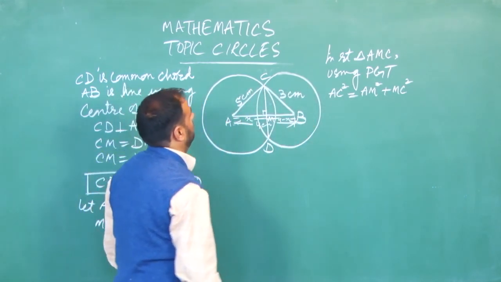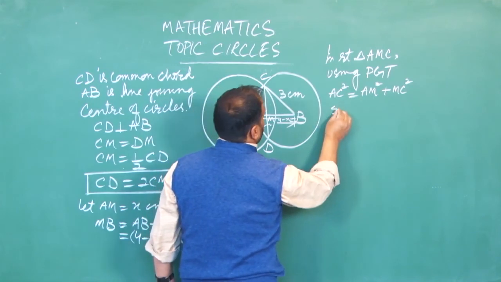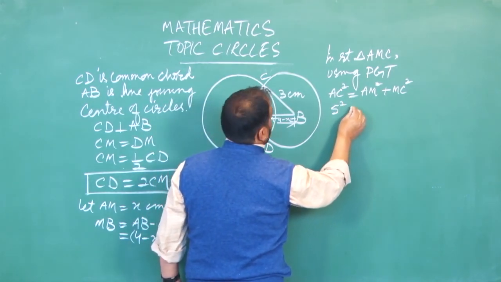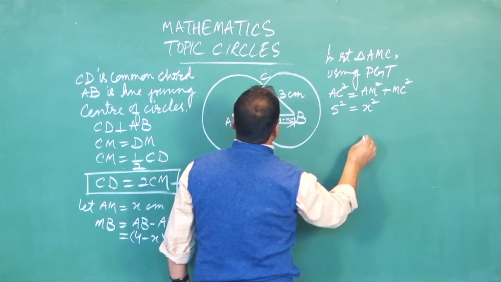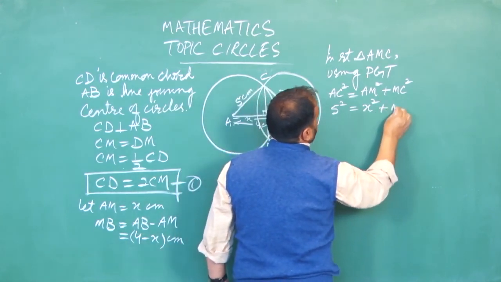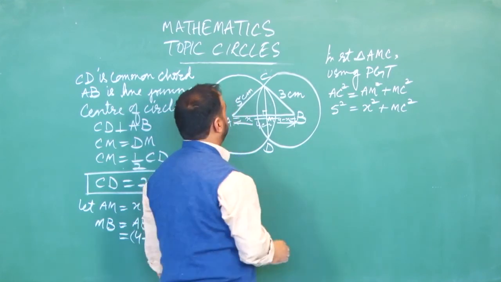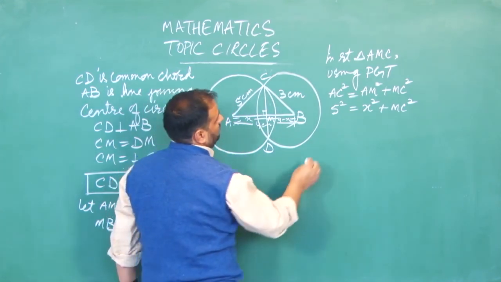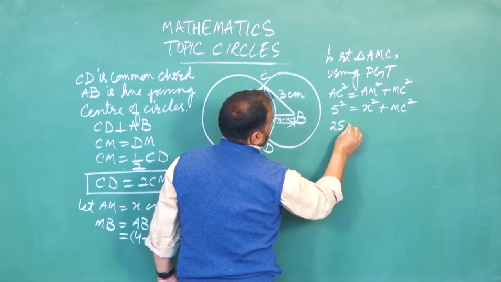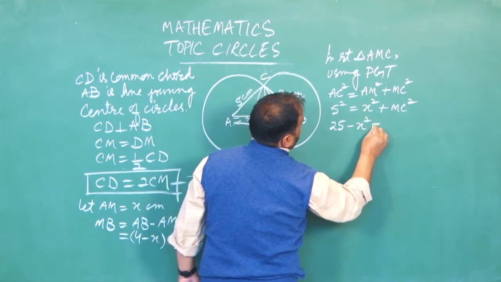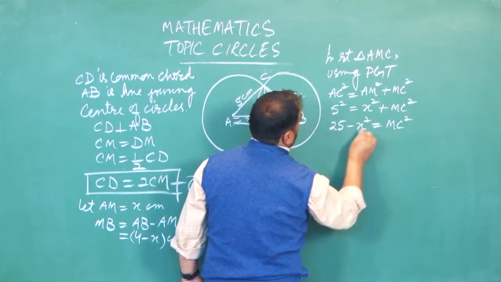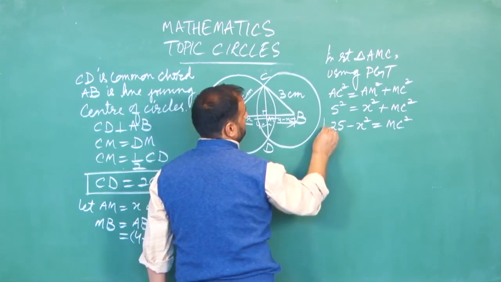Now, AC is 5, so 5 square, AM is x square, and MC square we do not know. So 5 square is 25, minus x square is equal to MC square. Keep this result as equation 2.